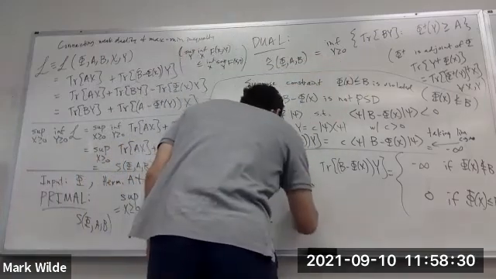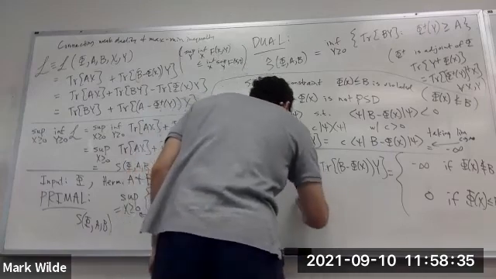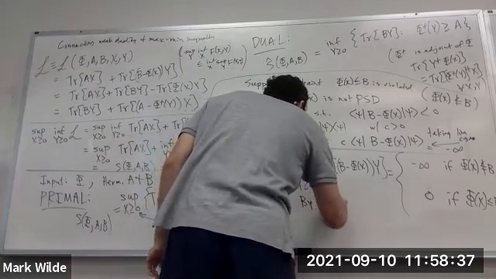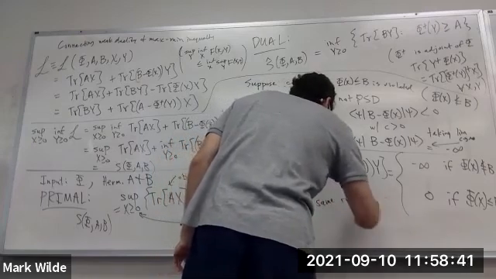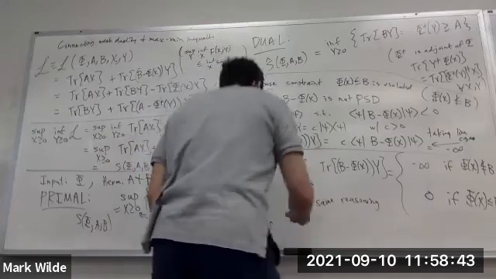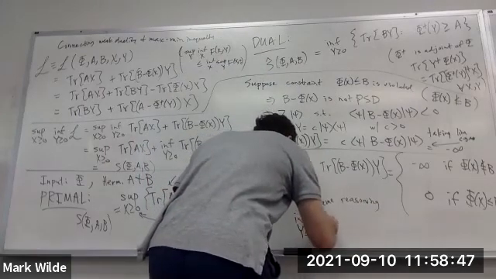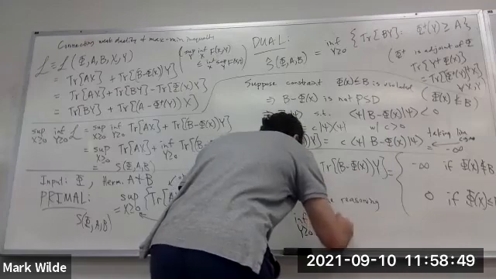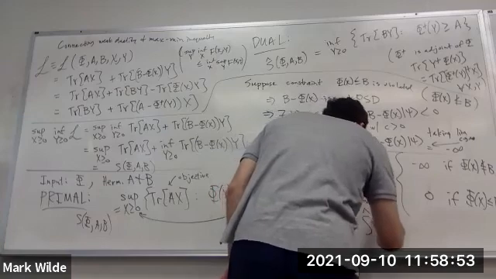So let me write that down for the same reason. F over y of x Lagrange is equal to dual.